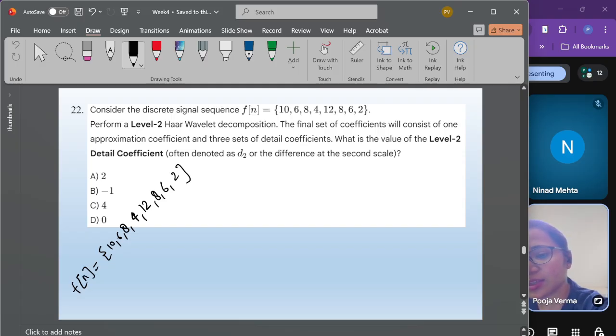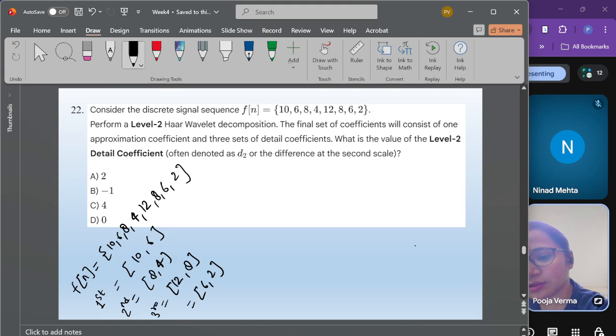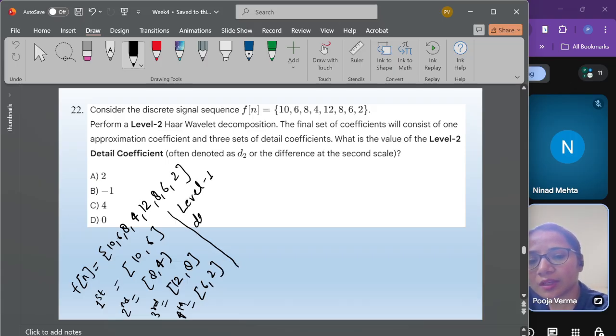What are the adjacent pairs? The first is 10, 6. The second is 8, 4. The third is 12, 8. And the fourth is 6, 2. Now we find the averages and differences, which is the level 1 decomposition.